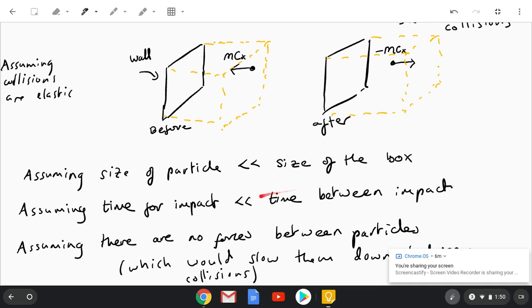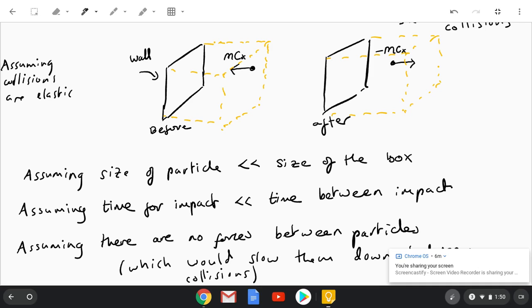What I mean by the time between the impacts is the time it takes for the particle to hit the wall, bounce off, hit the other wall, and then come back to hit the same wall again.